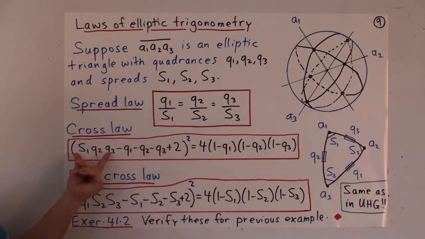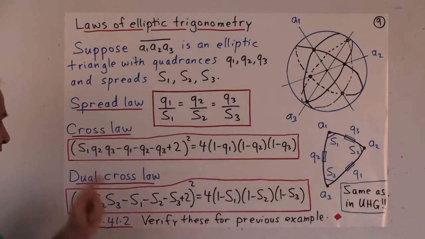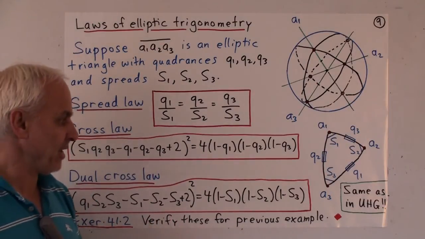And that's the formula involving S1. There's a similar formula if we replace this term with S2 Q1 Q3 and leave all the rest unchanged. Or another formula if we replace it with S3 Q1 Q2, everything else unchanged. So there are really 3 cross laws, but they're all pretty well exactly the same.